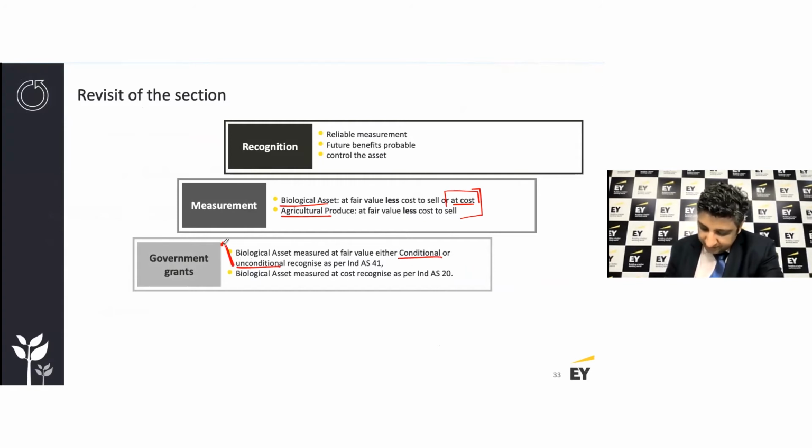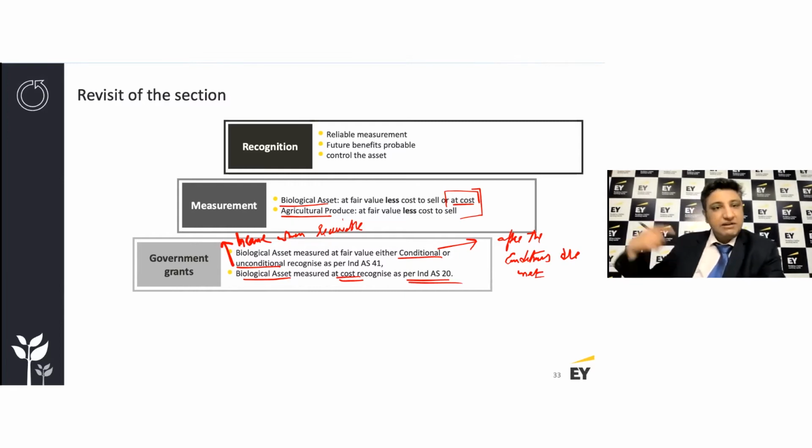If it's unconditional, you recognize it as income when it's receivable, right? And when it is conditional, only after the conditions are met. Okay. In case there's a biological asset measured at cost, then you use the Ind AS 20 framework rather than Ind AS 41.